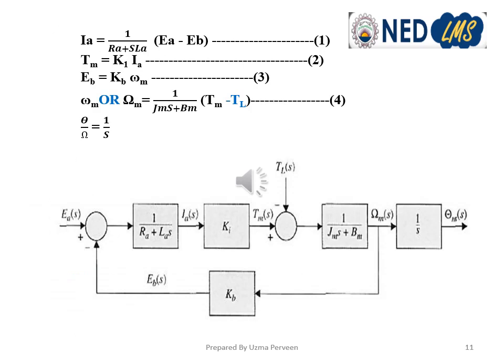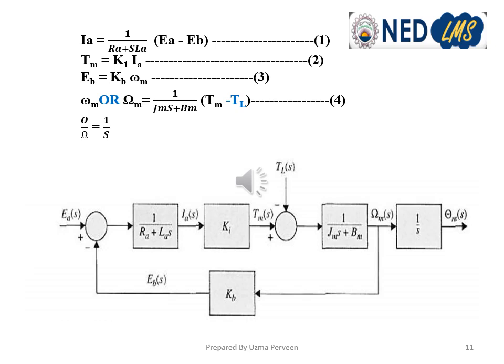First is for Ia. As you remember, Ia is the output, which we have written on the left hand side of the equation, and Ea minus Eb is coming from the input side. So this is the summer which gives us Ea minus Eb. You can see that there is a negative sign with Eb, the back EMF.